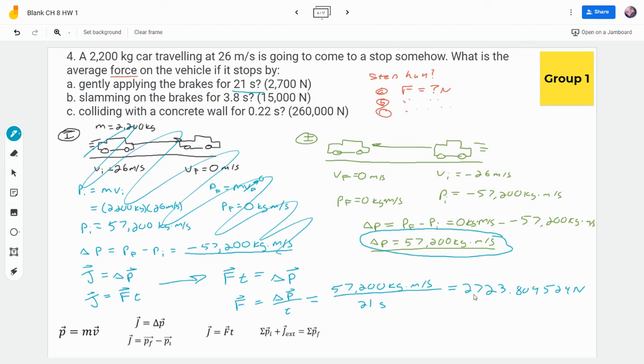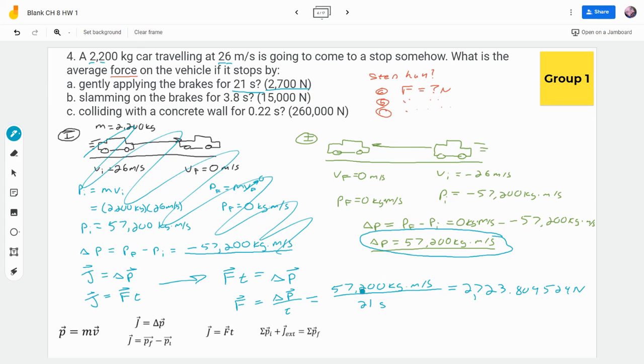Okay, so here's our number. The thing is, you notice that number looks a little bit different than our answer, which is just 2,700 newtons. It's a sig figs thing. Technically I shouldn't have even written this with 3 sig figs, because the numbers that went into it only had 2. I'm ignoring the hats. We're really just talking magnitude here.